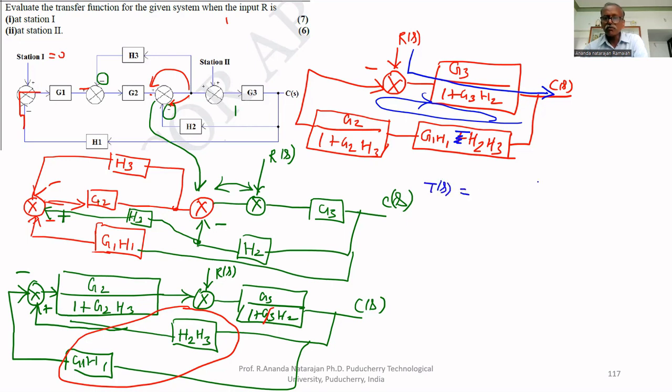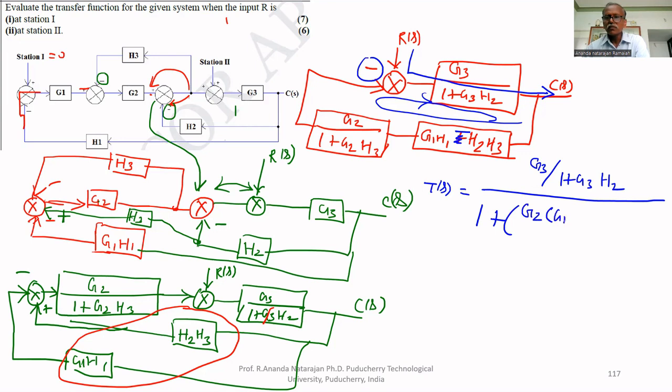Transfer function T of S equal to G3 divided by 1 plus G3H2, whole divided by 1, because negative feedback, 1 plus G2 into G1H1 minus H2H3 divided by 1 plus G2H3, multiplied by this numerator G3 divided by 1 plus G3H2, 1 plus.